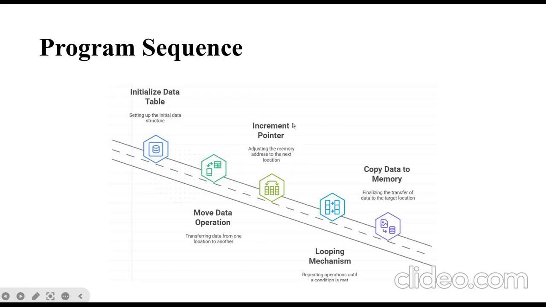Then the pointer will be incremented, adjusting the memory address to the next location. Here we have a looping mechanism where we check whether the loop counter has reached the value 0 or not, and finally the data will be copied to the internal RAM. So this is the program sequence.